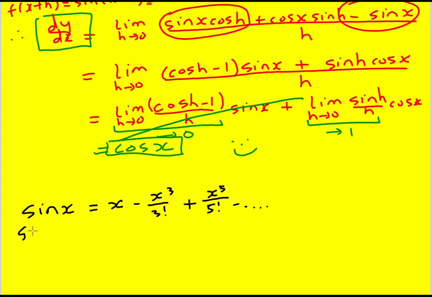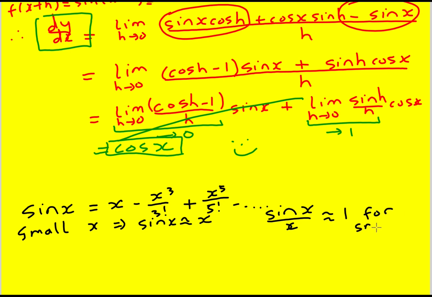So for small x, sine x is going to be approximately just the first term, x. And therefore, if we have something like sine x over x, then that will be approximately 1 for small x. Haven't really gone into the limits here, but yeah, as x approaches 0, sine x over x approaches 1.